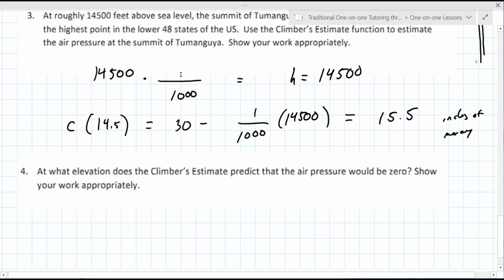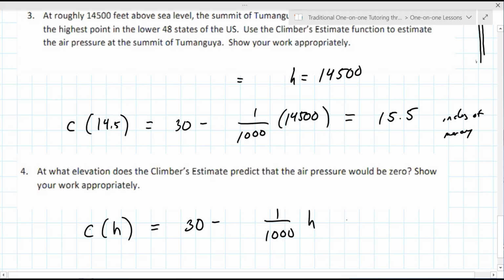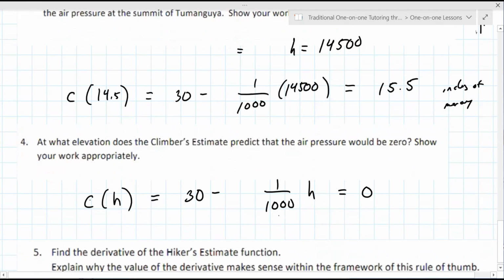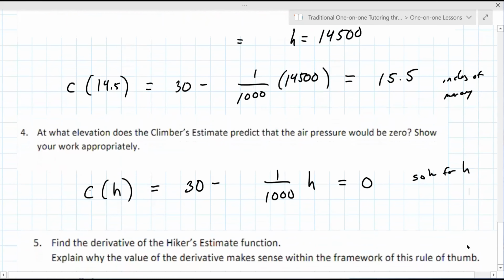So apologize for that. I think it'll clear it up. So then the last part here is, where is C of H, which is 30 minus 1 over 1,000 H, where does this equal 0? So you're solving for H. You've got to show your work here.